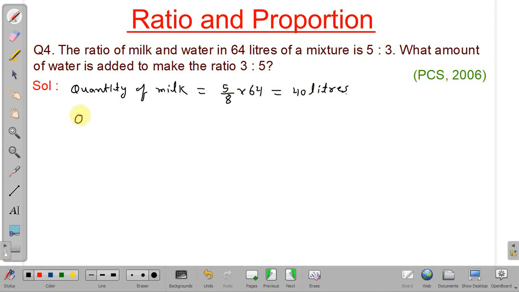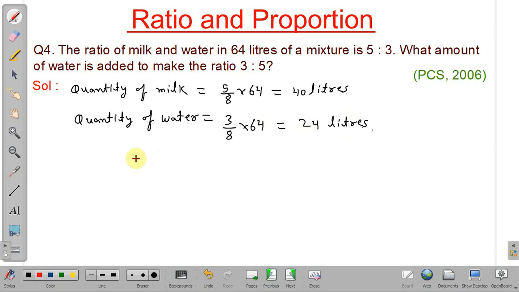Similarly, quantity of water can be calculated. See, 3 parts out of 8 parts is water. So 3 by 8 into 64. Okay, so it is 24 liters.